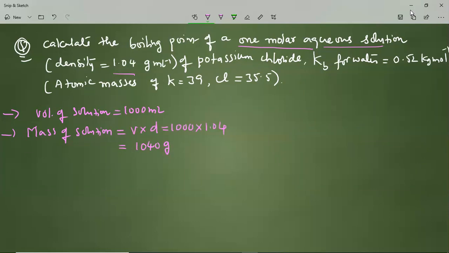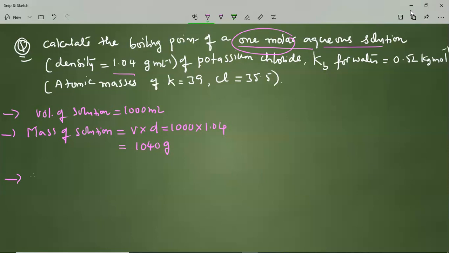So here what we have noticed is that the solution given in the problem is 1 molar. The meaning of 1 molar is that 1 mole of potassium chloride is present in that 1000 ml of solution. Molar means molarity.